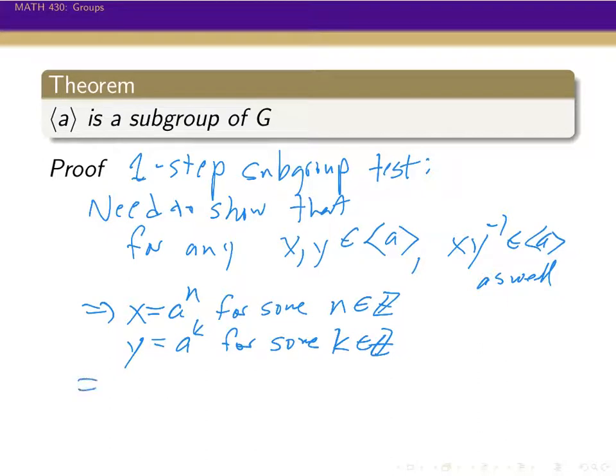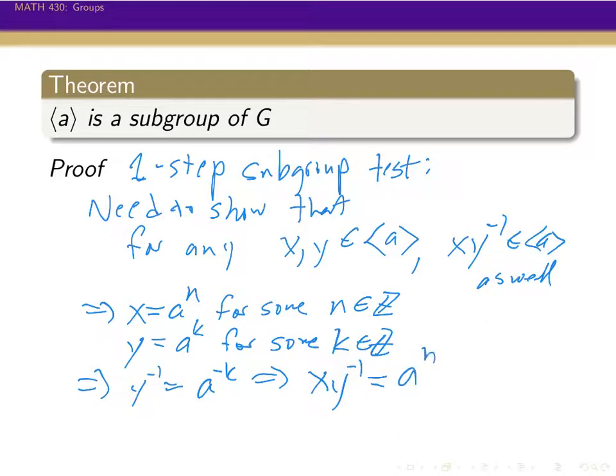And so then y inverse is going to be just the same as a to the minus k, and that's again an integer power. So what's x y inverse going to be?